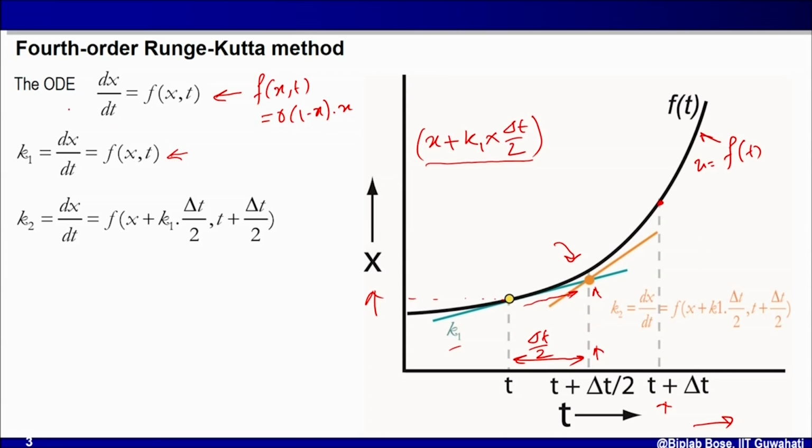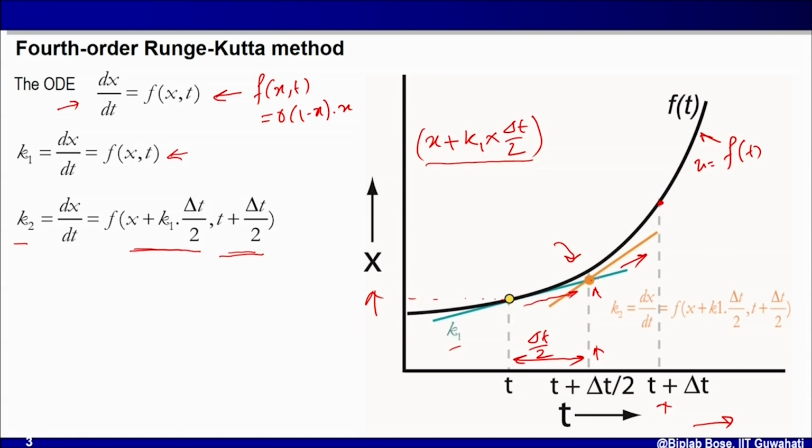So using this differential equation dx dt, I calculate the slope of this orange line drawn at this orange dot. That will be k2 equal to dx dt equal to function of x plus k1 into delta t by 2 and t plus delta t by 2, because these position coordinates are t plus delta t by 2 and x plus k1 into delta t by 2.